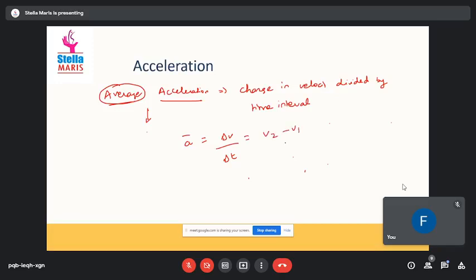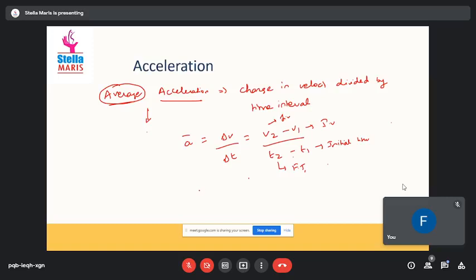V2 minus V1 divided by del T. The time interval is T2 minus T1. V2 is the final velocity and V1 is the initial velocity. T2 is the final time and T1 is the initial time.